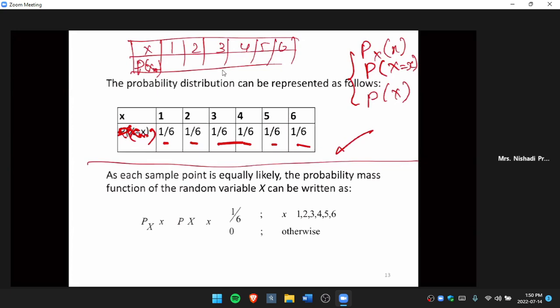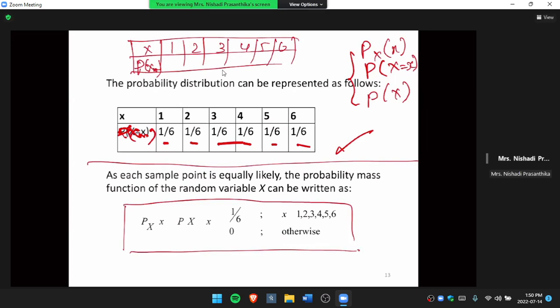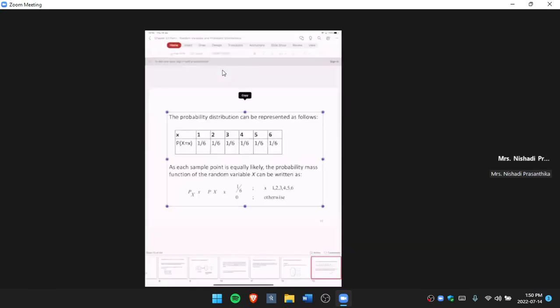There's another method to represent the probability distribution, that is giving a mathematical function. Here in this slide, the equal signs are not shown. Let me correct it. Give me a second. I think when I sent my PowerPoint presentation to this iPad, the equations were changed.